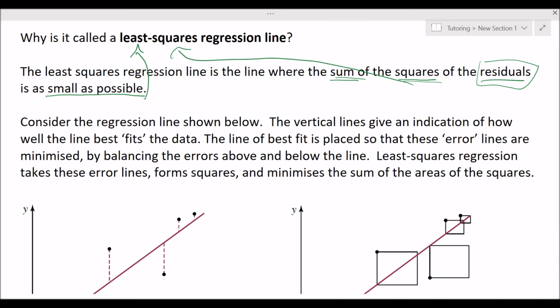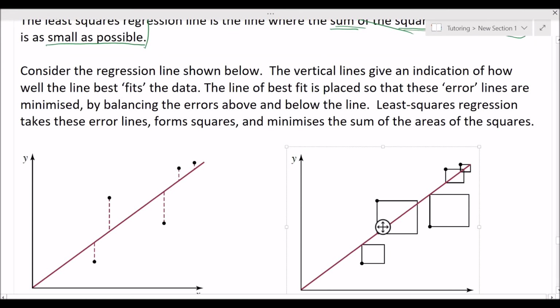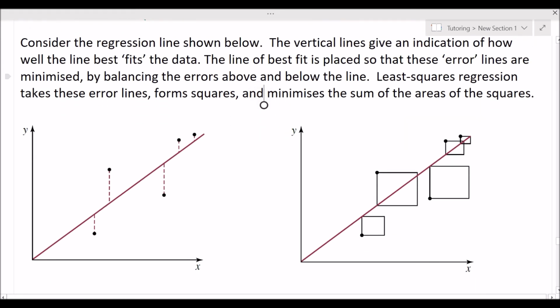Okay, now if you want a bit more detail on that, here's an example. You can see here's our line, and we've got roughly dots on either side, and those dotted lines there show you the residuals. So that's the residuals there, the difference between the actual dots and the predicted value.